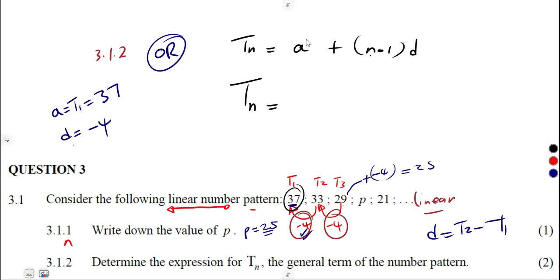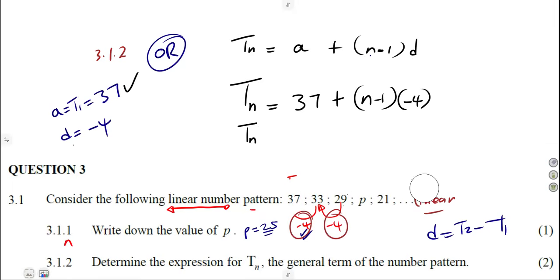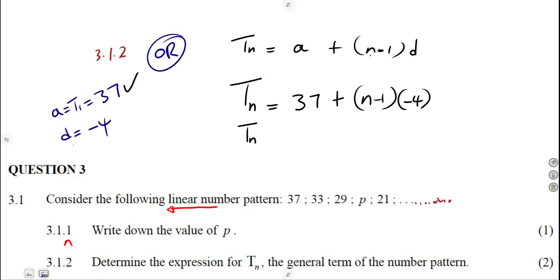So therefore Tn is equal to a, which is 37, plus n minus 1 times d, where our d is negative 4. So let's simplify and see what we are going to have at the end of the day. So Tn is going to be 37 plus open bracket, negative 4 times n minus 1.